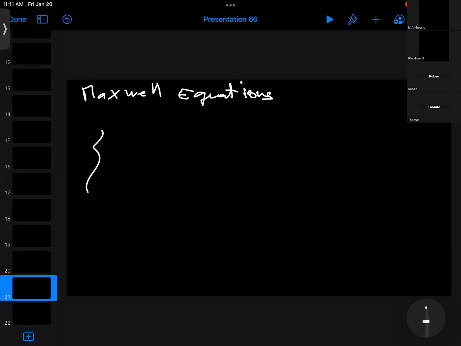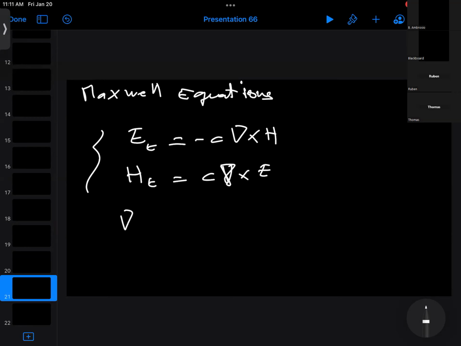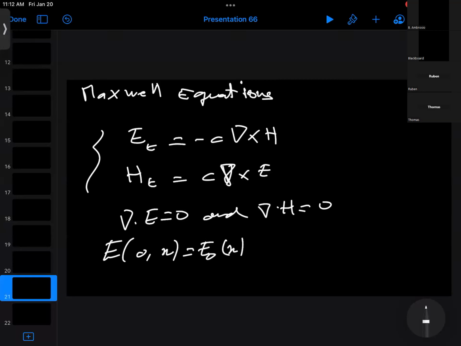So it says that the time derivative of the electric field is minus some constant C curl of H. And the same thing for the magnetic field, but it's C curl of E. Okay, then you have the divergence of E is 0, and divergence of H is 0, and you have initial conditions. So initial conditions are given.